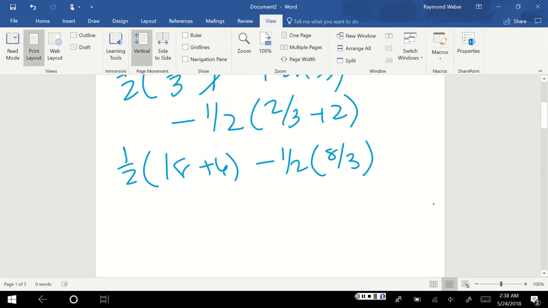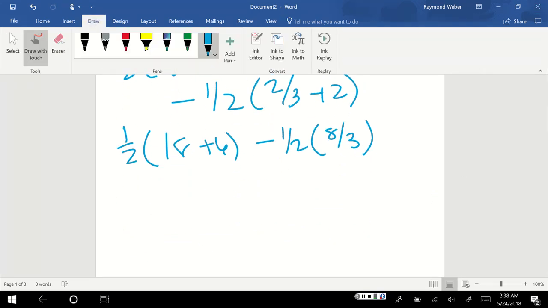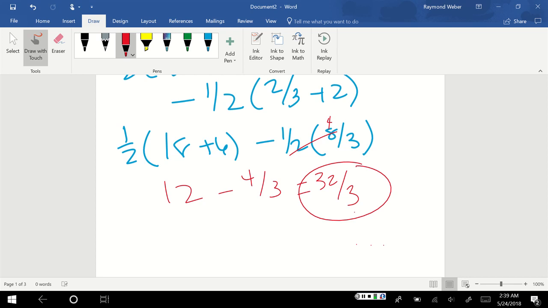Okay, and oh, good, I didn't run out of room. So then 18 plus 6 divided by 2 is 12 minus, let's see here, it's making a 4 minus 4/3. So 12 minus 4/3 gives me 32/3. So this is my arc length.